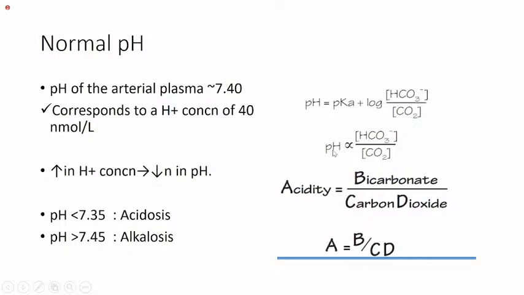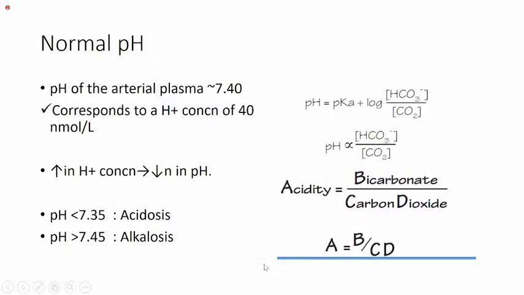So basically your pH is directly proportional to the bicarbonate. If the bicarbonate is high, the pH is also high, what we're calling alkalosis. But pH is inversely proportional to your CO2. Remember it's a volatile acid, so if the CO2 is high, the pH will be low. It will be in the acidotic range.